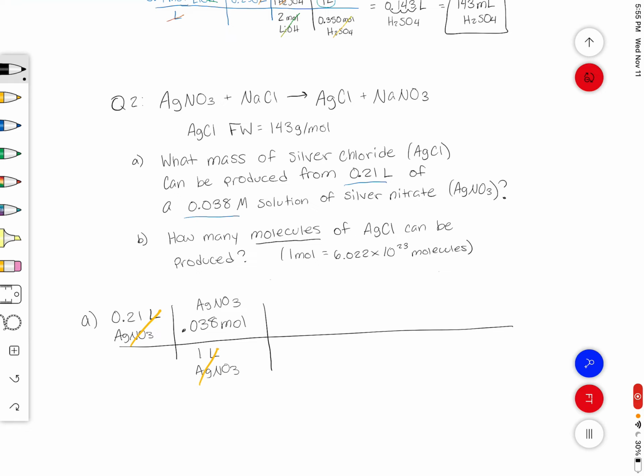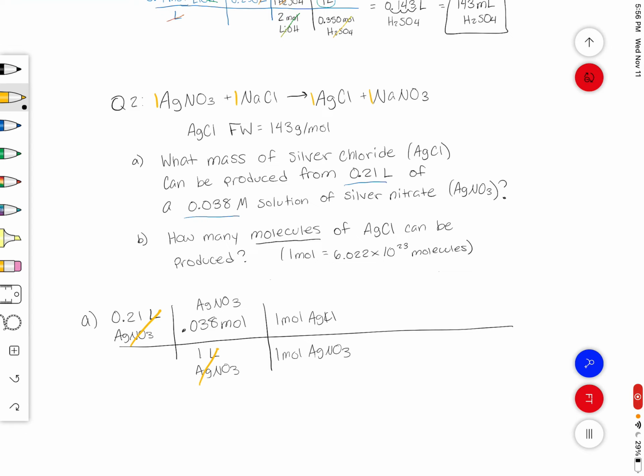So for this one, all of our leading coefficients in our stoichiometry are 1. So we've got 1, 1, 1, and 1. This step isn't necessary once you get the steps down pat, but it's really good to keep track of your units this way by just writing it out anyways, because you have 1 mole of AgCl with 1 mole AgNO3.